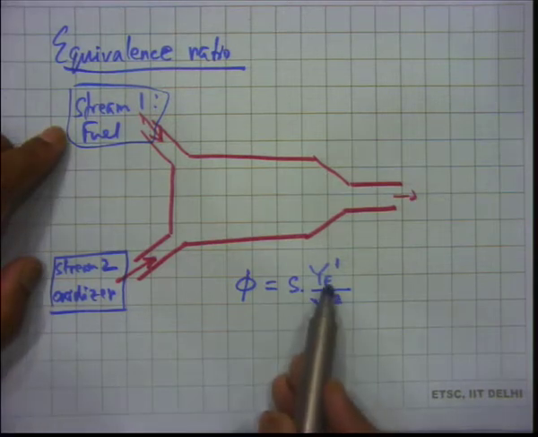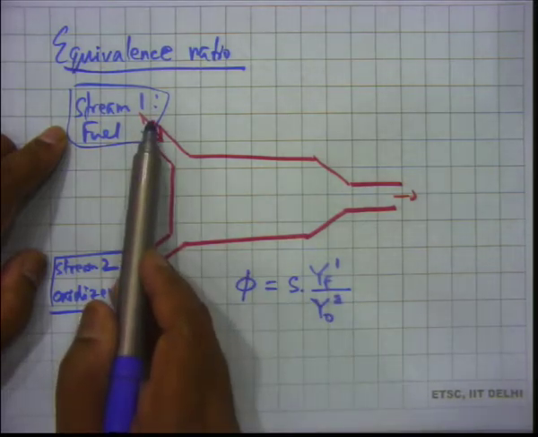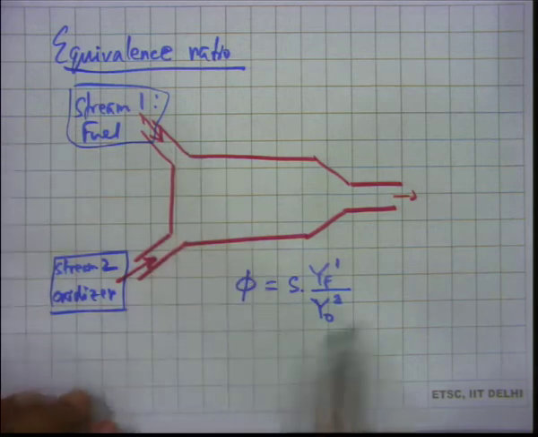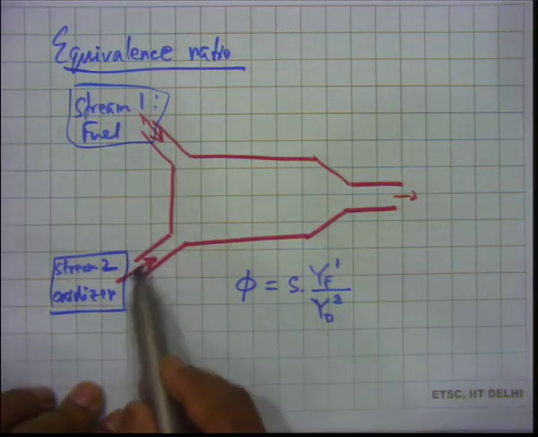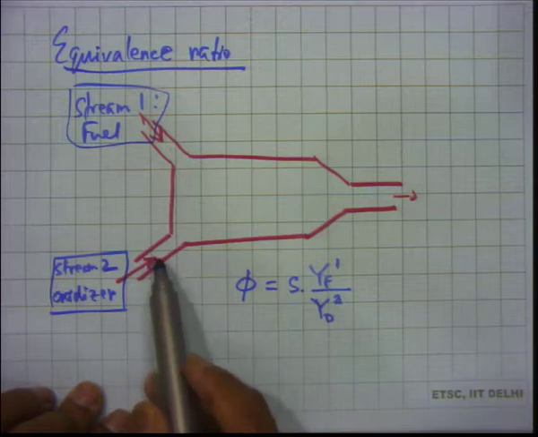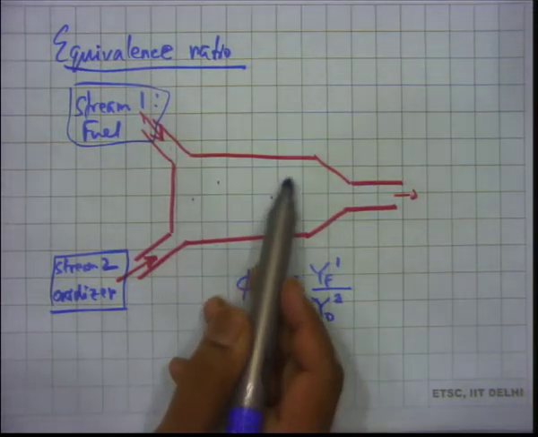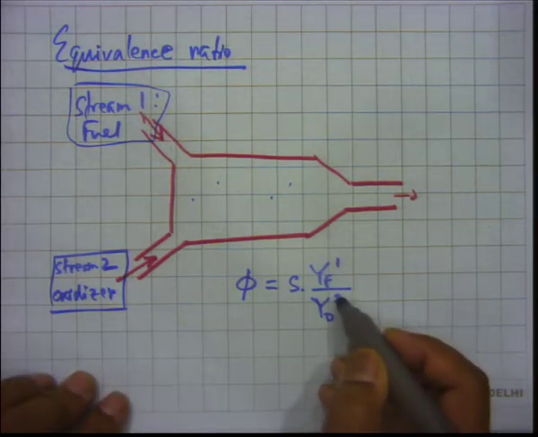So YF1 is the mass fraction of fuel in stream 1 when the stream is entering the combustor. And what is YO2? It's the mass fraction of the oxidizer when stream 2 is entering the combustion chamber. So these are not mass fractions at some arbitrary place. It's not at some general place. So 1 and 2 are the stream numbers.